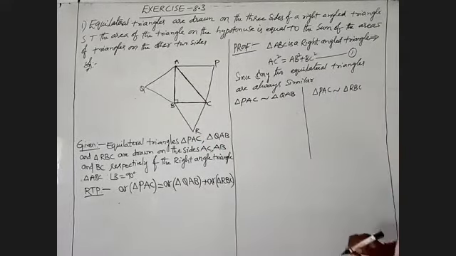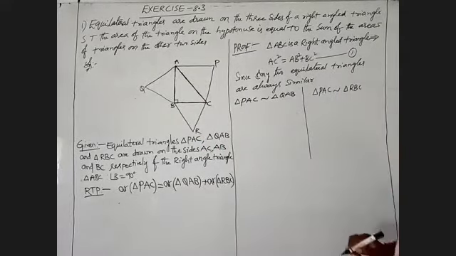And I will write in this one: area of triangle PAC by area of triangle QAB is nothing but the base of triangle PAC, AC whole square, by the base of QAB, AB whole square. We will write this as equation number 2.